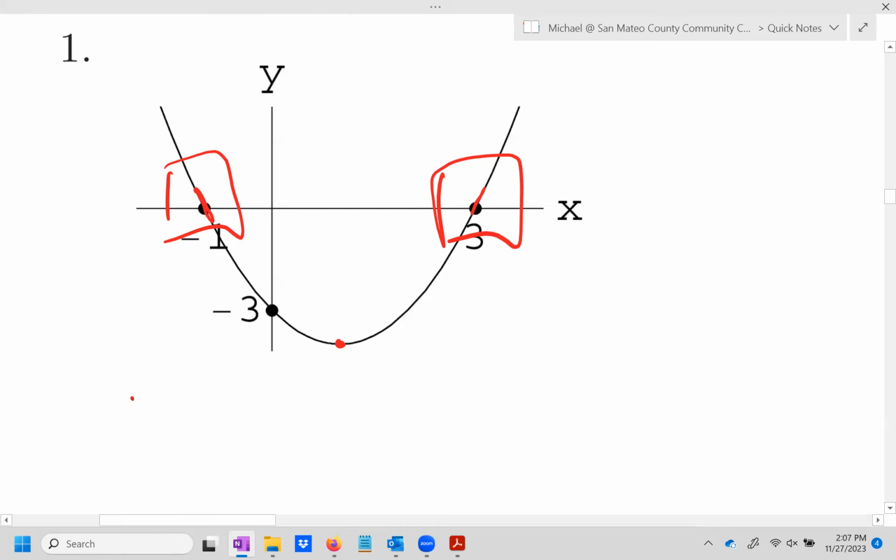So I know that this function is something like some constant a times x plus 1 to the first power times x minus 3 to the first power.